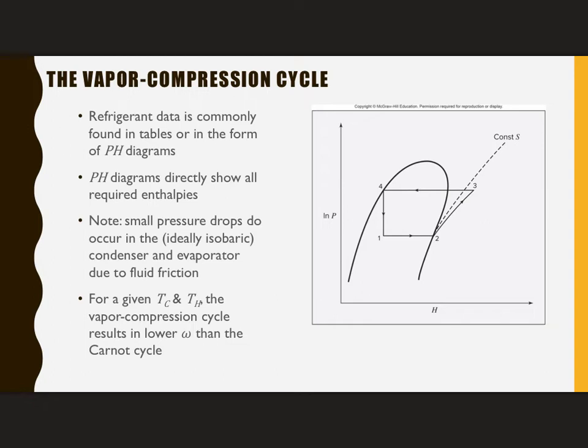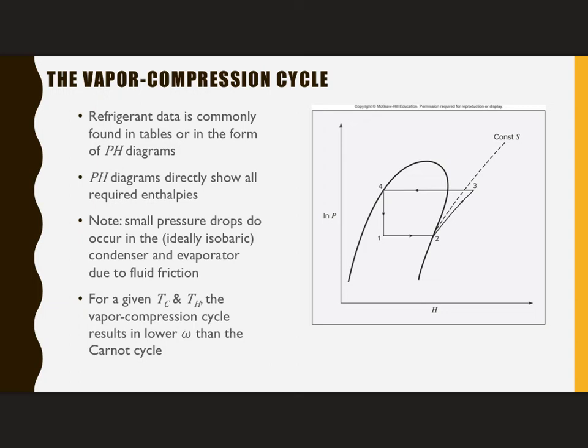And so the first law tells us that H4 equals H1. So you'll notice that we have almost a rectangle, and then we have that crazy 2 to 3, which is going to be a little less than isentropic. And so therefore we end up with essentially a trapezoid. That's a nice way that we can look things up on a graph without too much work.